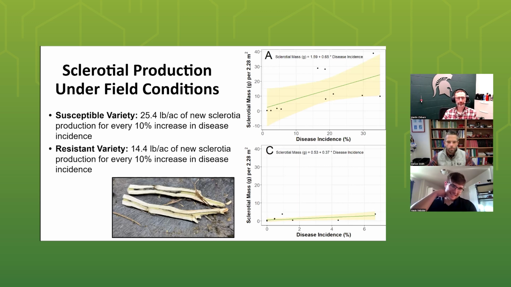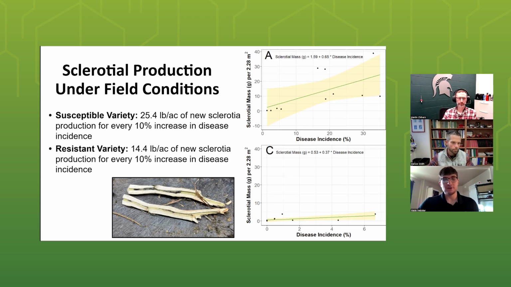Now, to take that one step further, we put together some linear regressions from this data set, trying to predict how much sclerotia are going to be produced depending on planting a susceptible versus a resistant variety. With a susceptible variety, the risk of high disease incidence is going to be higher, and we got a little over 25 pounds per acre for every 10% increase in incidence.